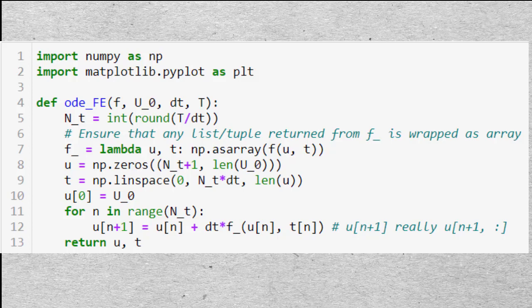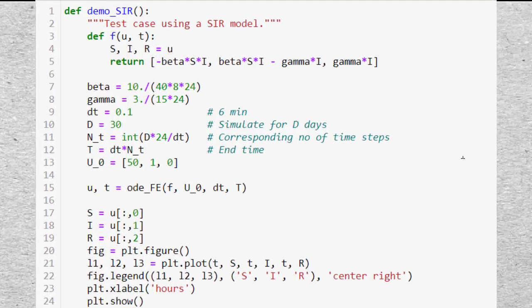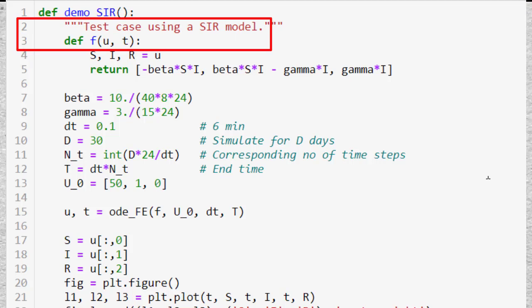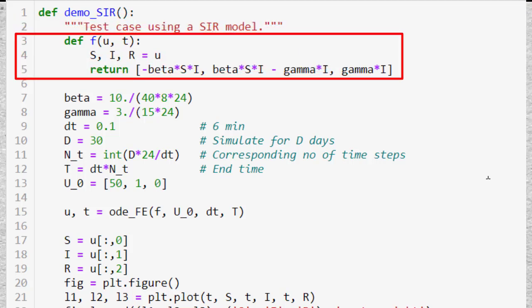What does that code look like? Here it is. Our implementation code defines the function demo_sir. It doesn't take any parameters, so its parentheses are empty. In lines 3 to 5, we incorporate our f function that returns the results of calculations according to our SIR model.